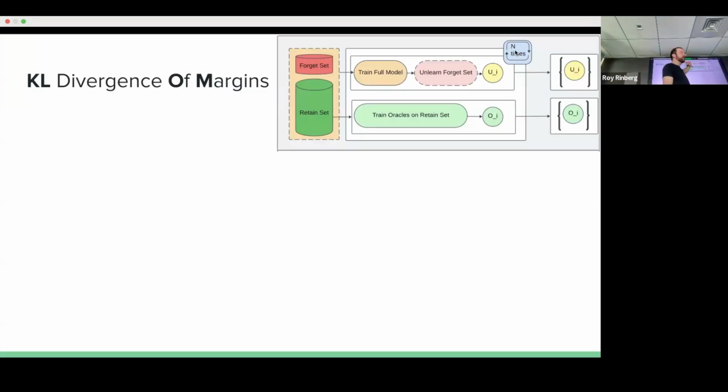What we're trying to do is compare the distances between Oracle models, which are fully retrained, and things that have gone through our own process. First we collect a bunch of models trained only on the retained set, giving us a set of Oracle models, on the order of 100, say. Then we do the same thing, except we go through the unlearning process: we take the full model, unlearn it, and do this n times, so we have these two sets.